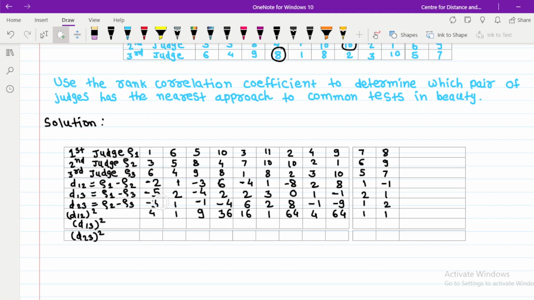Minus 5 square is equal to 25, 4, 16, 4, 4, 9, 0, 1, 1, 4, 1. Then 16, 1, 81.